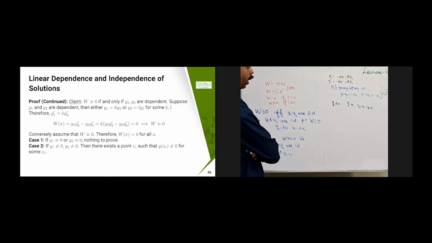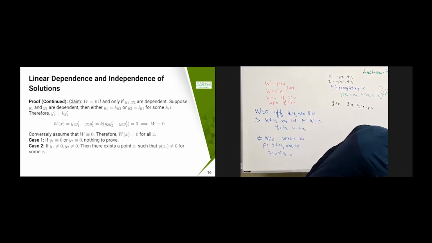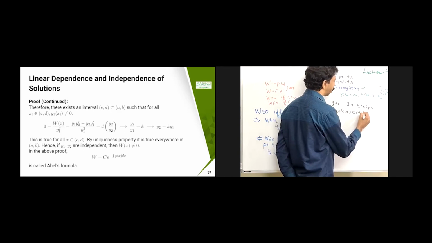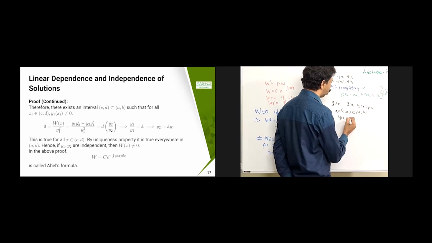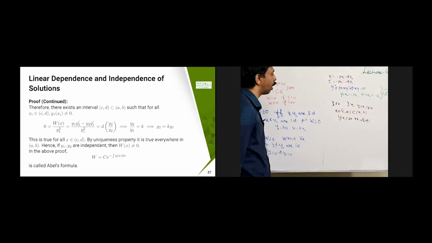Since y1 is continuous, there will be some neighborhood, so you can find an interval (c, d) where xi belongs to (c, d), a subset of (a, b), such that y1 of x is not equal to 0 for all x in (c, d). Such an interval will exist because y1 is continuous.